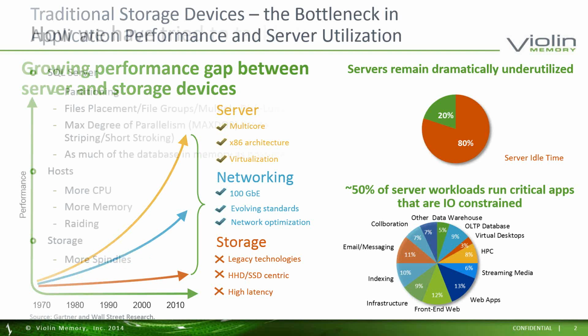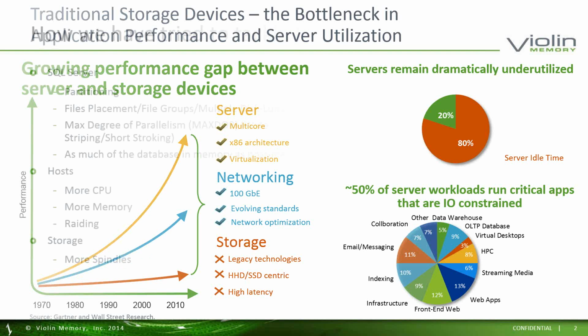And from the host side, traditionally, if you have performance issues, add more CPU, add more memory, change RAID from maybe RAID 5 to RAID 1 or RAID 10, or whatever we can try to do to improve performance. And for the storage, it's always been add more spindles, more spindles, more spindles.